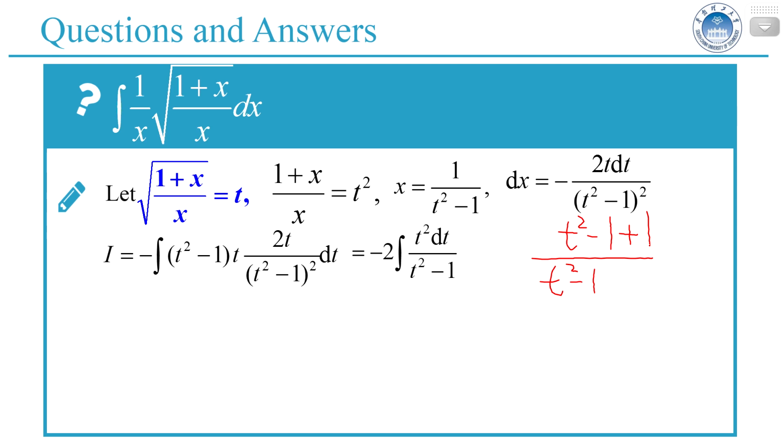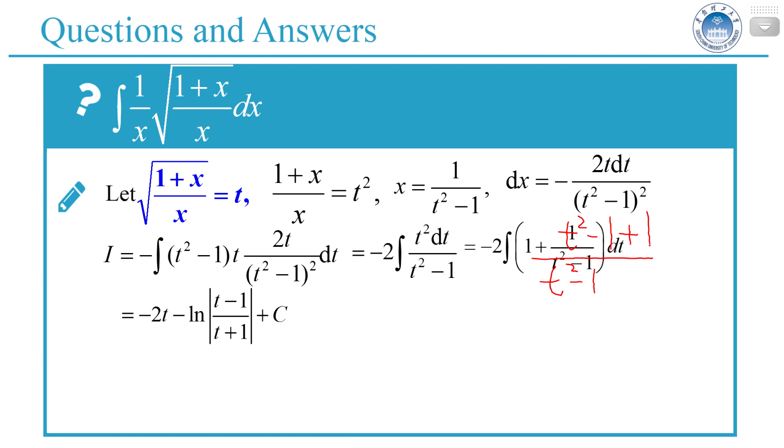So we know how to do it: we get minus 2 times the integral of (1 plus 1 over (t squared minus 1)) dt. The integral of 1 dt is t, and the integral of 1 over (t squared minus 1) equals half log of the absolute value of (t minus 1) over (t plus 1), plus C.